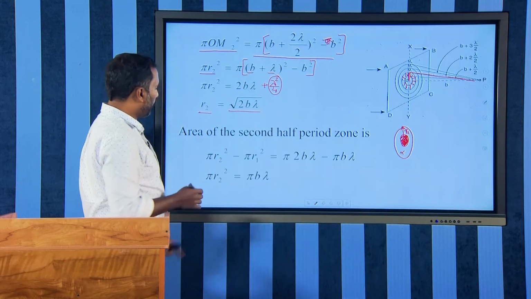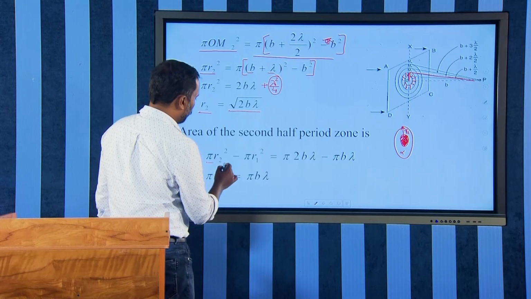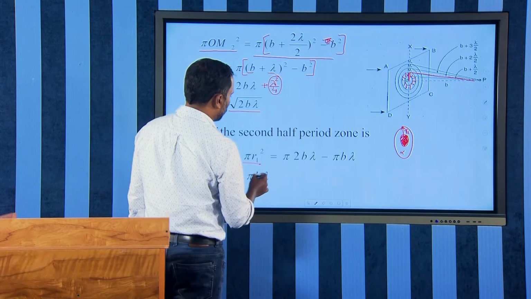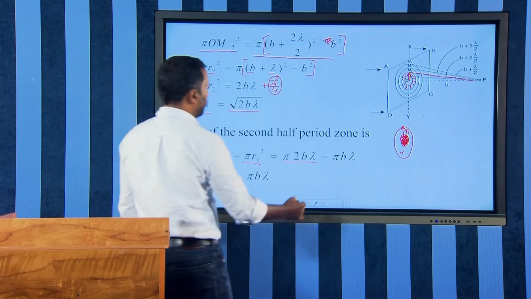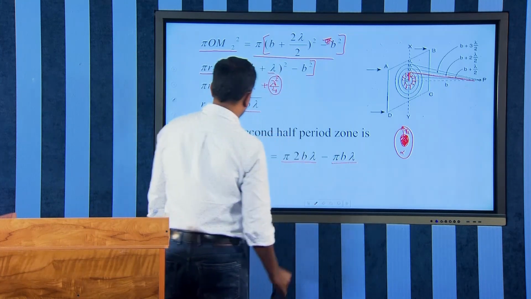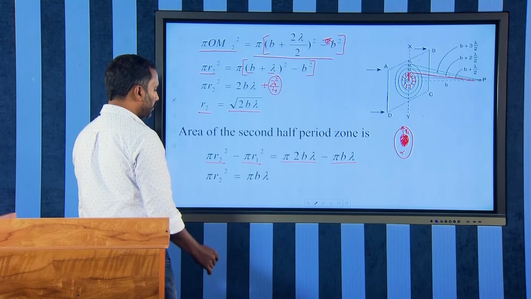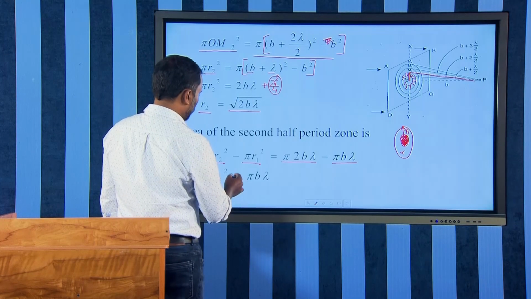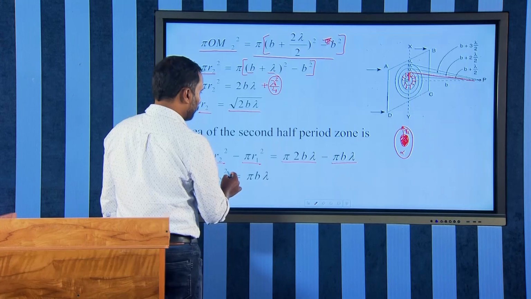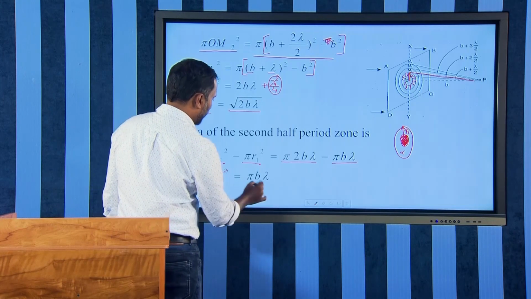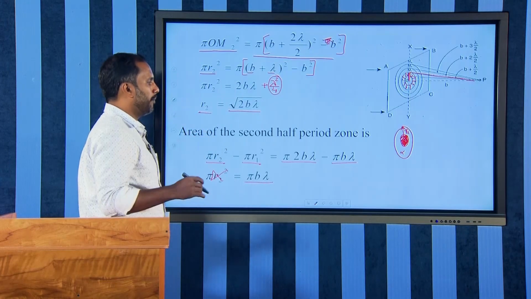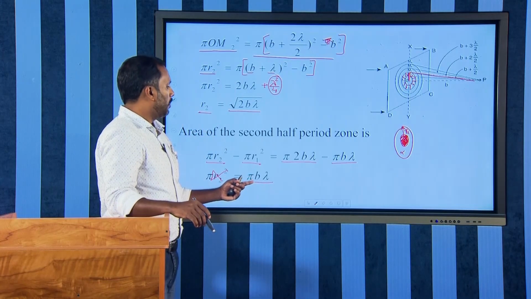So, we are finding the area of the second half period zone as pi r2 square minus pi r1 square, that will give you pi into 2 b lambda minus pi b lambda. So, this area you will get as pi b lambda.